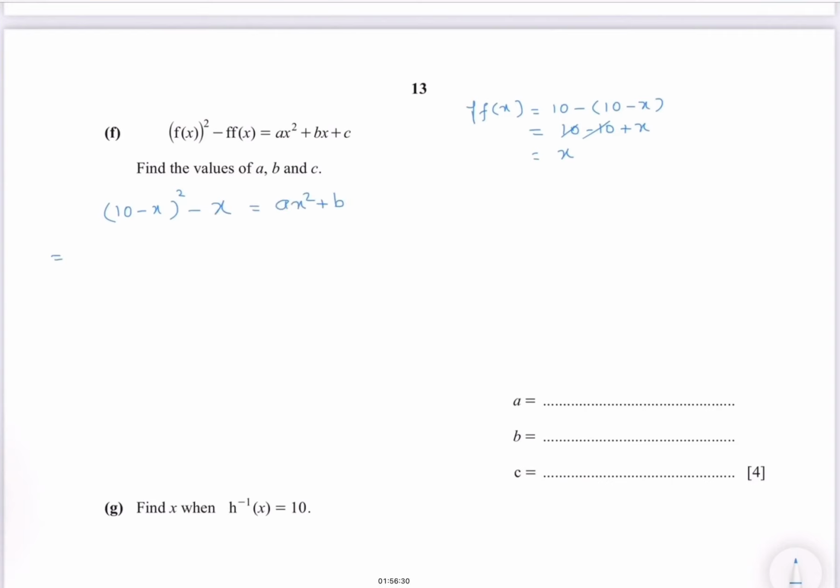Simplify it. So your f of f of x is x. Write it like this. Now open the first expression like (a minus b) whole square. Now simplify this. Now compare the coefficients. So your a is equal to 1, b is equal to minus 21 and c is equal to 100.